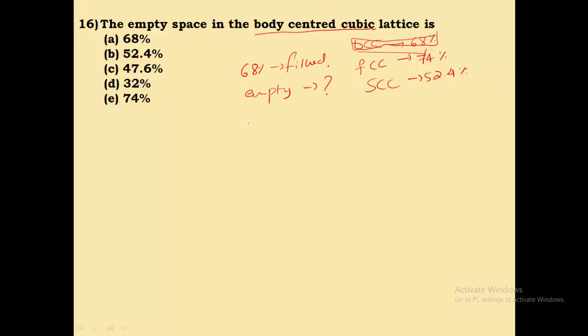How? Simply 100 minus 68. In 100%, 68% is filled. How much remains? 32%. So 32% of the body centered cubic lattice is empty. So the option D is the right one.